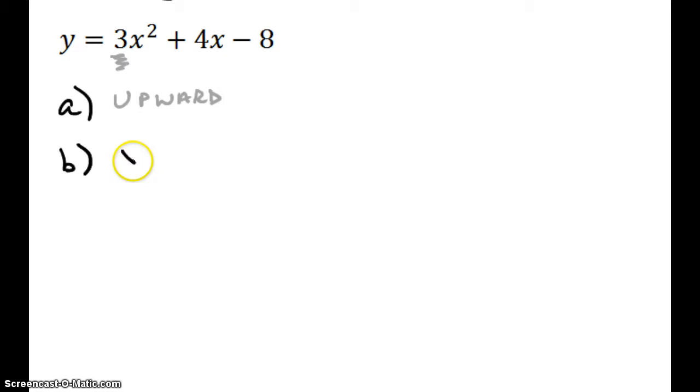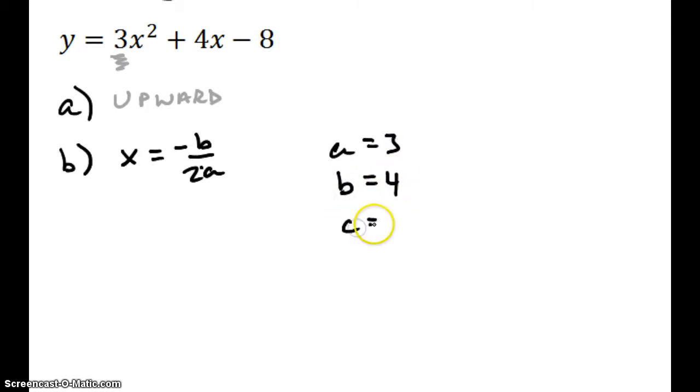Once again, the vertex happens where x is equal to negative b over 2a. And as always, we have to make sure that this is in standard form. It's in standard form, so we write a, which is 3, b, which is 4, and c, which is negative 8. So we don't care about c, we just care about a and b.